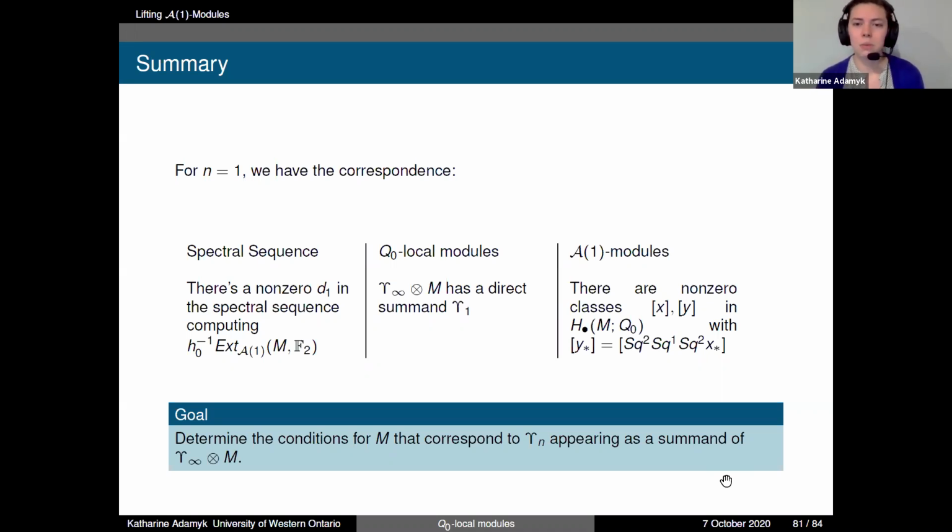Because I know what D1 is, I know that corresponds to non-zero classes in the Q0 Margolis homology of M that are connected by the action of Sq2, Sq1, Sq2. So I don't have to compute this nasty tensor product to detect this obstruction to lifting my A1 module to an A module. Moving forward, I'd really like to determine the conditions on M that correspond to an N Seagull appearing as a summand of this localization.